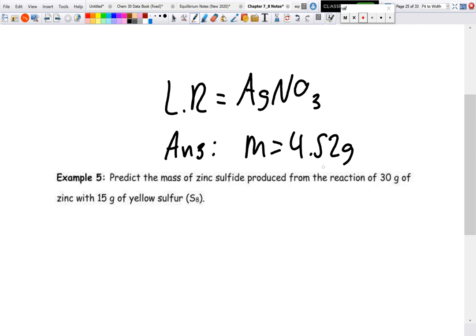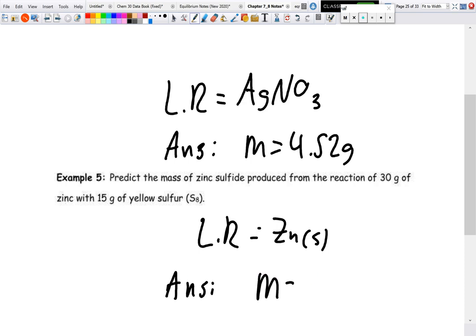And for example 5, the limiting reagent should end up being zinc, and the answer mass should be 45 grams. So work through 4 and 5 and make sure you get these answers.